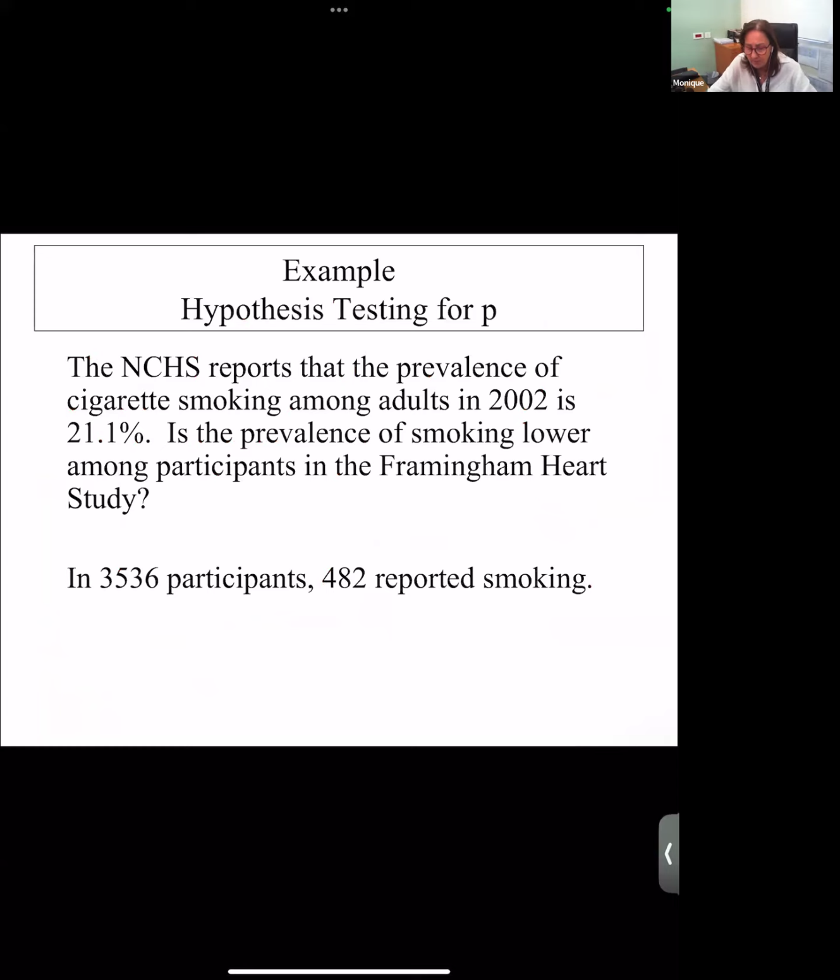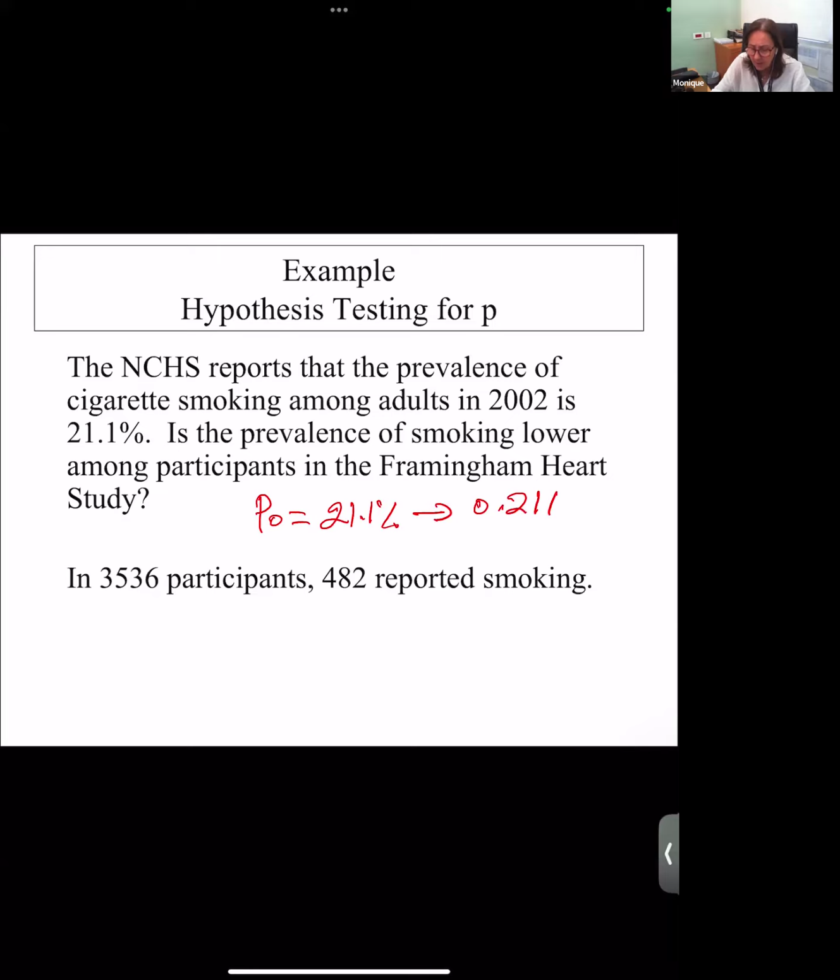So another example, again from national statistics, the National Center for Health Statistics reports that the prevalence of cigarette smoking among adults in 2002 is 21.1%. Again, this is at the national level. This is the P, so this is my P0, 21.1%, or better written as 0.211.